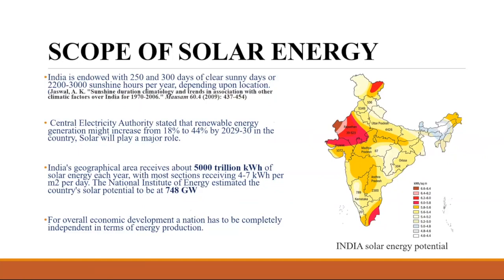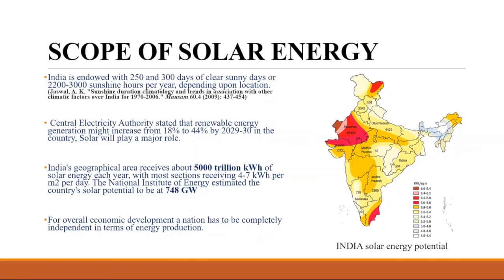As you can see, this is the India solar energy potential, and in all the states it's in good amount. In Rajasthan, Madhya Pradesh, Uttar Pradesh, Gujarat, and in Maharashtra, Andhra Pradesh, everywhere there is a good scope for energy generation using solar. And this is another fact that we have included.